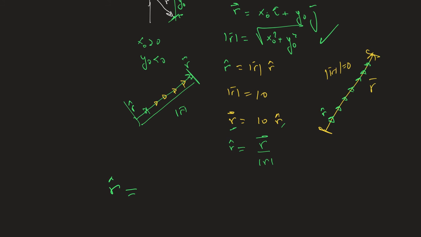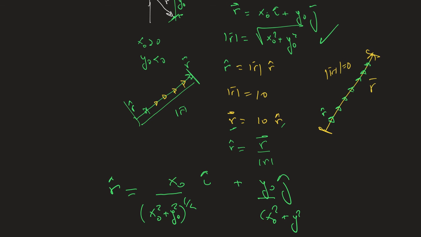It will be the vector x0 i plus y0 j, whatever they are, divided by the magnitude, the square root of x0 squared plus y0 squared.